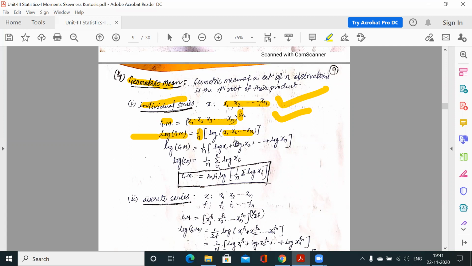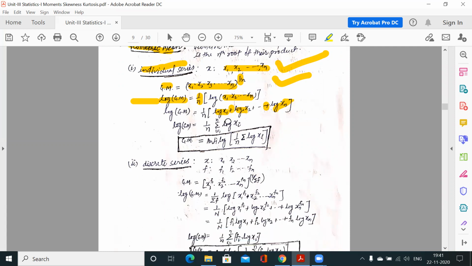Now the log property of a product: log of the product is equal to log x1 plus log x2 plus up to log xn. We apply log separately on the n values and add all the log values. So this is a summation: the summation of log xi, where i varies from 1 to n. We take the log of each of the x values, add all the log values, and divide by n.